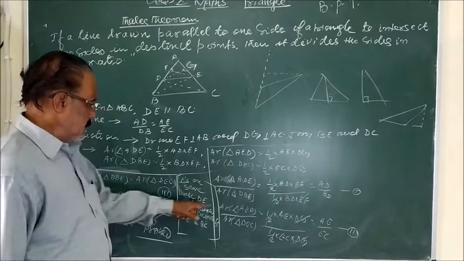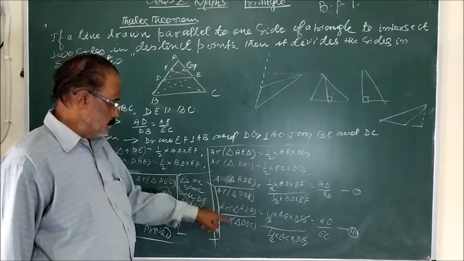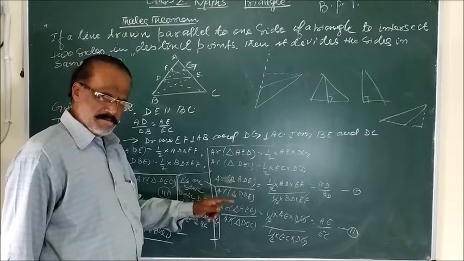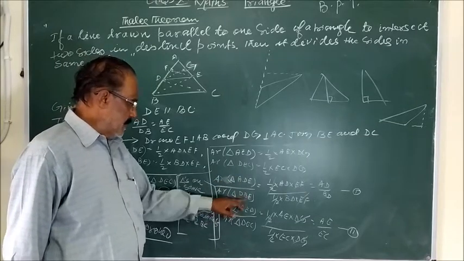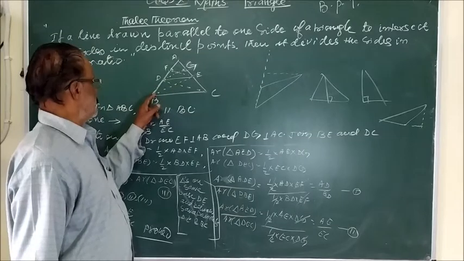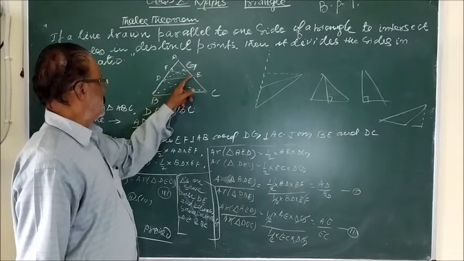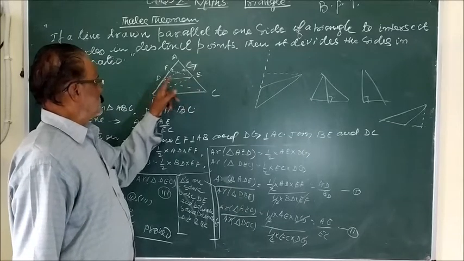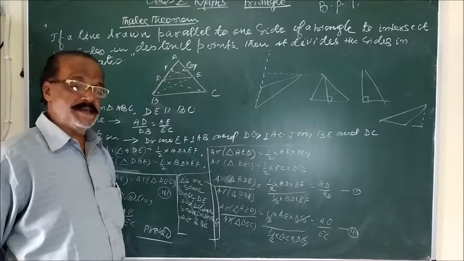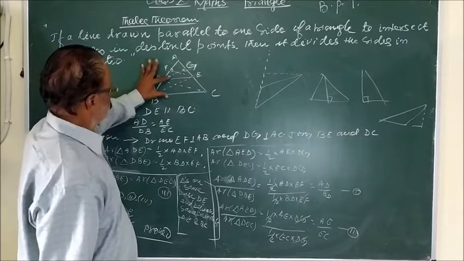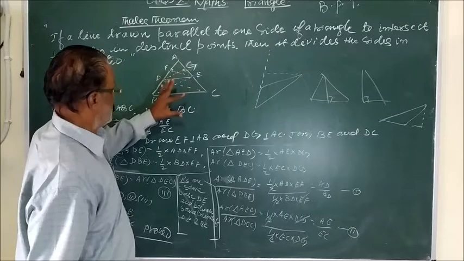Now you compare left side इन दोनों का, ऊपर में तो same triangle है. These two triangles DBE and DEC, both triangles are on the same base DE and between the same parallels DE and BC.